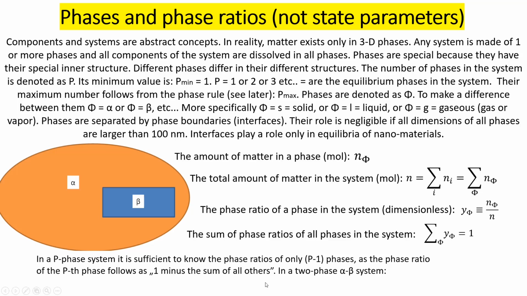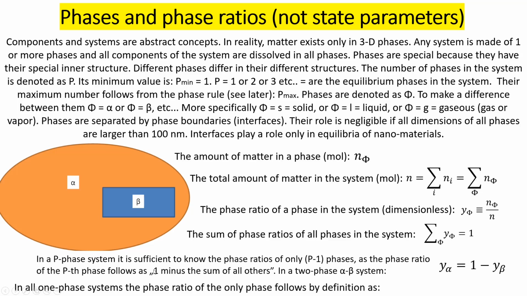For example, if we have a two-phase system, alpha and beta, then this last equation becomes y alpha plus y beta equals 1, and from here you can easily express y alpha as 1 minus y beta. So if you calculated or measured in a difficult way that the value of y beta is 0.6, then you can easily calculate the phase ratio of phase alpha as 1 minus 0.6, which is, of course, 0.4.